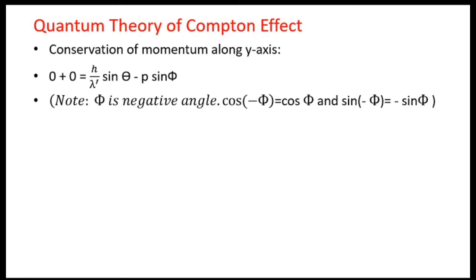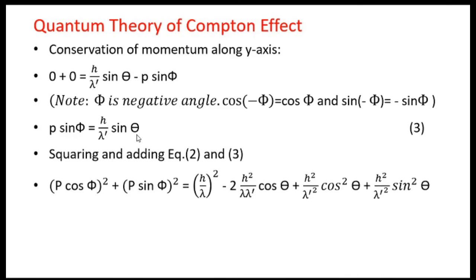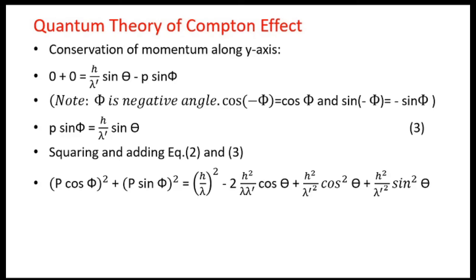These are the relations I have used here. Now if you make the arrangement, we get p sine of phi is equal to h upon lambda dash sine of theta. This is equation 3. Now squaring and adding equations 2 and 3. So if you square and add equations 2 and 3, we get a simple term here.